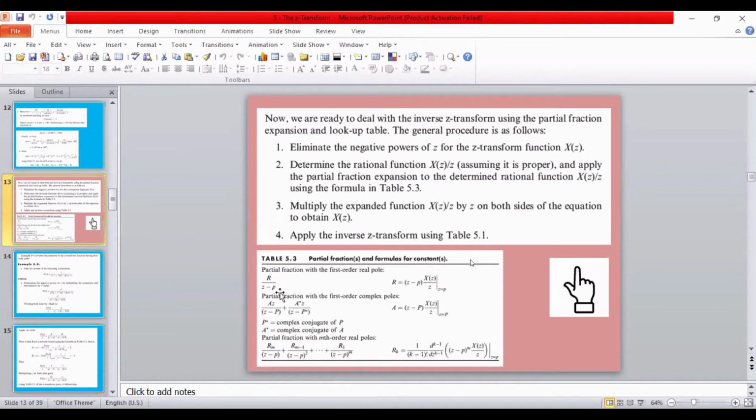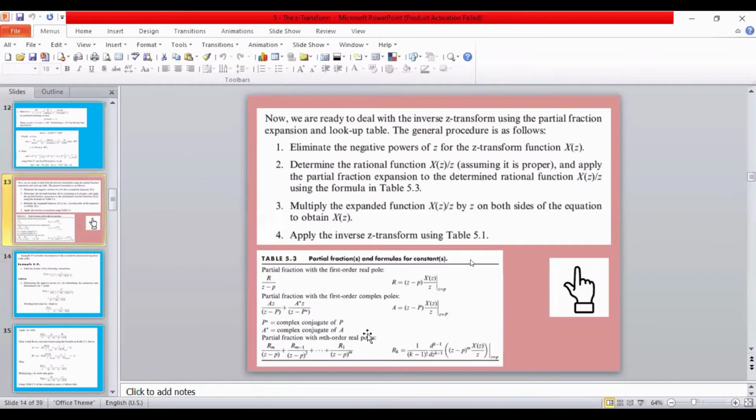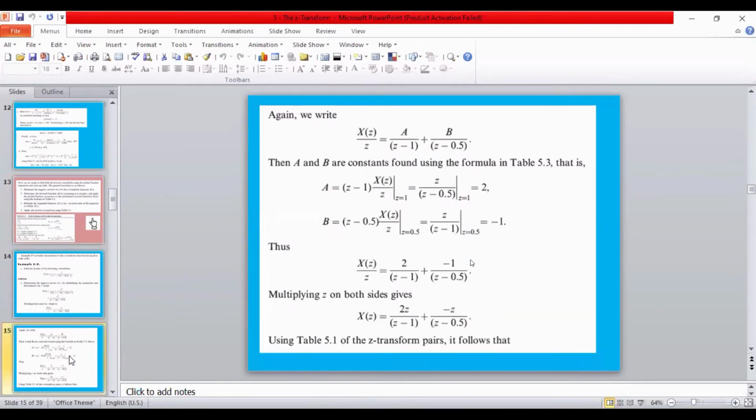Since our poles, these are called poles, by the way, the roots, if you have a polynomial in the denominator, this corresponds to the poles, a special name for that, right? And we have these as real numbers. See, this was 1 and 0.5. So these are real numbers, not complex numbers. That's why we can use the case number 1 here, the simplest case. Okay, we're using this table.